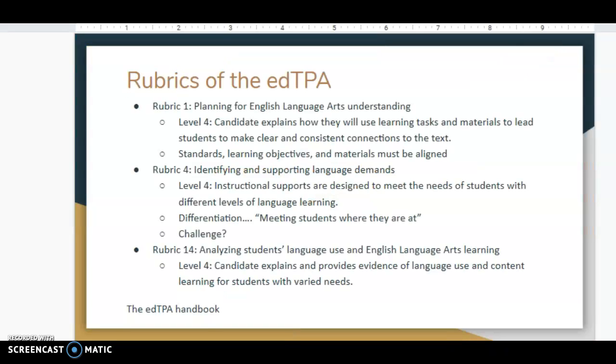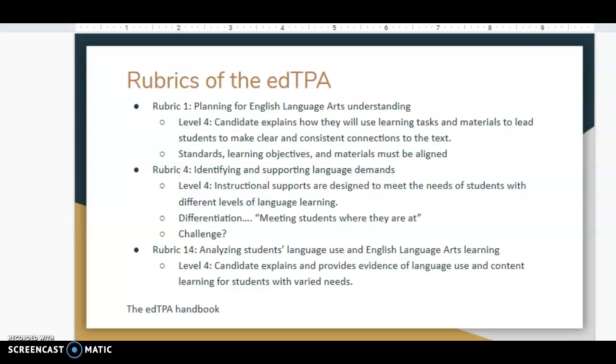So we're gonna start with some of the rubrics of the edTPA that relate to literacy. So we have rubric 1, which is planning for English language arts understanding. And so that's basically our lesson plans. How are we planning to meet those goals for students, to get them to understand the concepts in English language arts, and so forth?